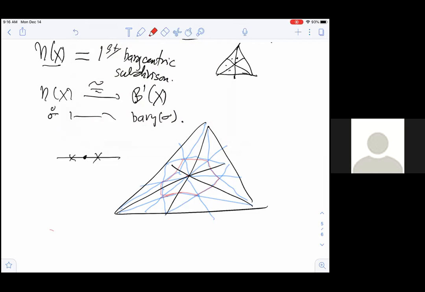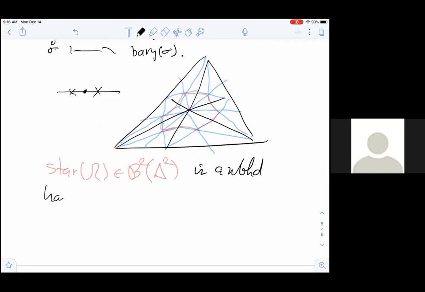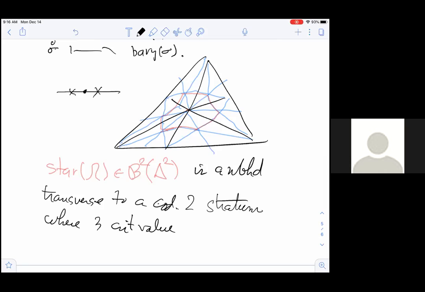So the star of the barycenter in the second barycentric subdivision of the 2 simplex, this is a neighborhood transverse to a codimension 2 stratum where 3 critical values are equal.